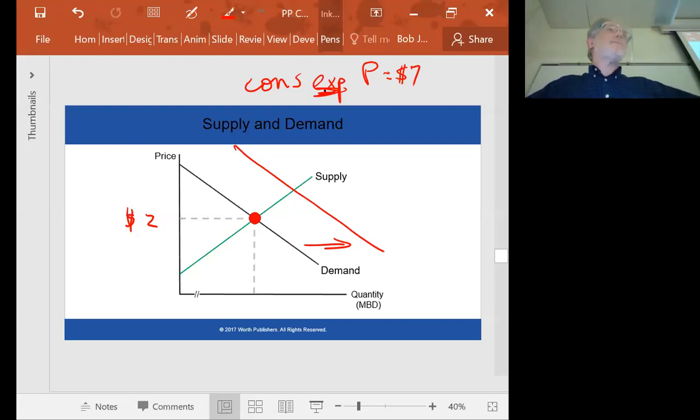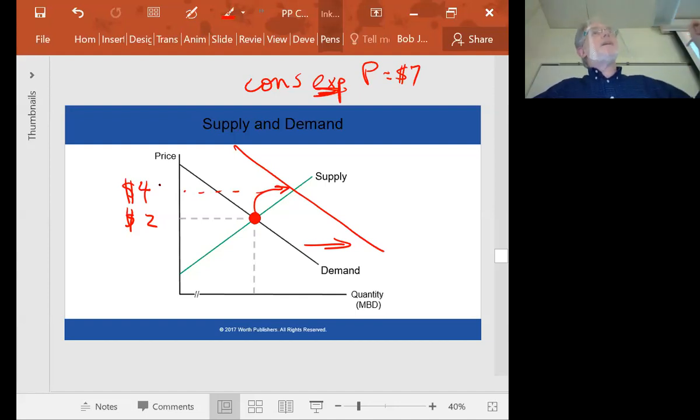The consumers, right? Because consumers want more, equilibrium moves to a higher level, let's say $4. It's not something nefarious or evil. It's supply and demand. If consumers want more, that pushes the market, the equilibrium price up.